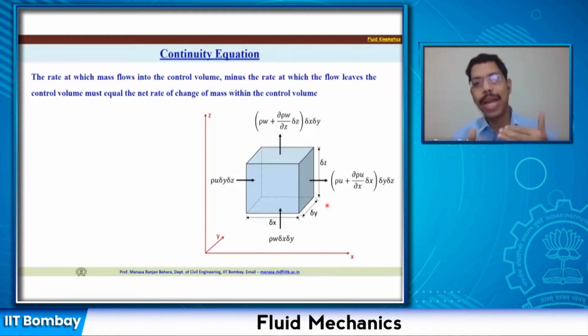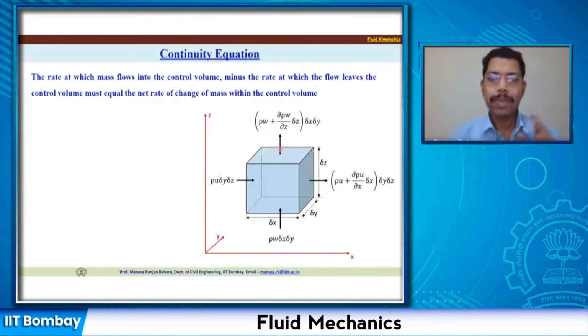Let us say delta x and delta y. If what I have shown here is delta z, let us say, so that is rho w delta x delta y coming in, and dou rho w by dou z multiplied by delta z is passing through this face delta x delta y that is here.